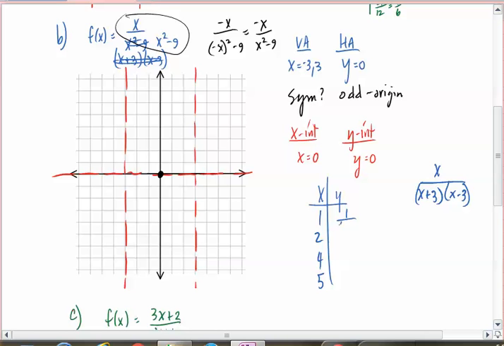So that's going to be a 1 over 4 times negative 2, so that's negative 1/8. Pardon me. And then 5/16.